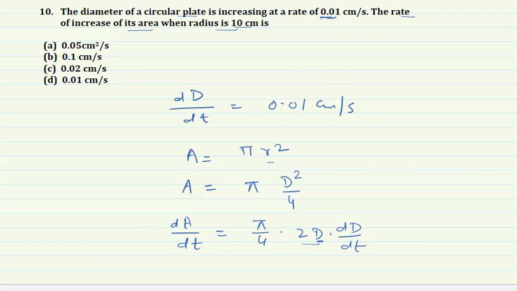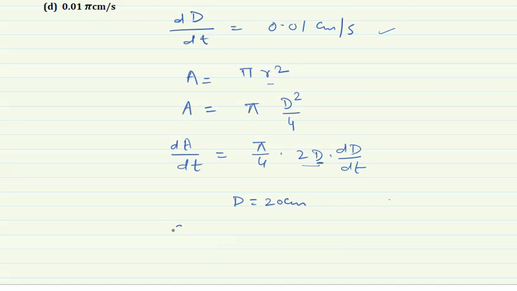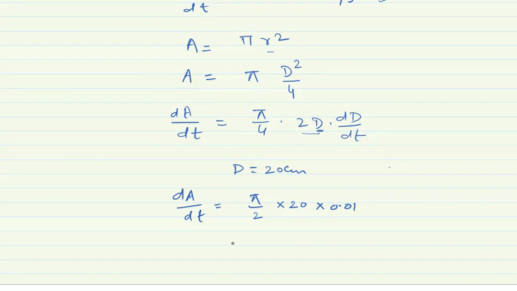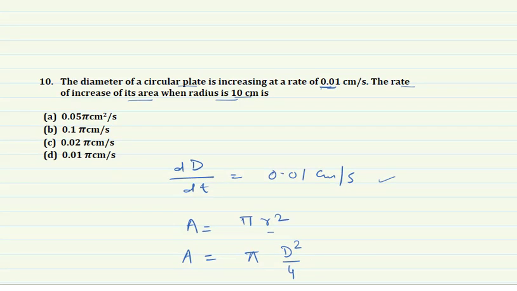So just place the values over here. So we are getting dA upon dt is equal to pi upon 2 into 20 into 0.01. So on all the calculations you are getting 0.1 pi centimeter square per second. Why? Because it is area with respect to time. So let us check which option is correct. So yes, option B is correct.